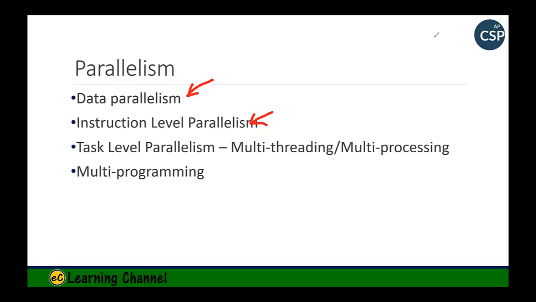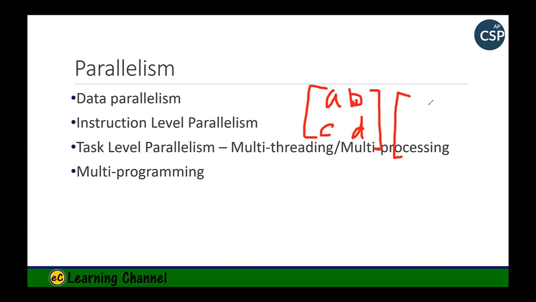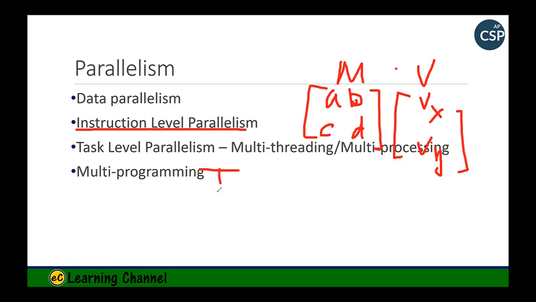Let's assume that you have a matrix A, B, C, D, and you need to multiply it with a vector X and Y. So if you do a regular program, say you write it in Java, you say for integer i equals 0, i less than a.length, i increase.